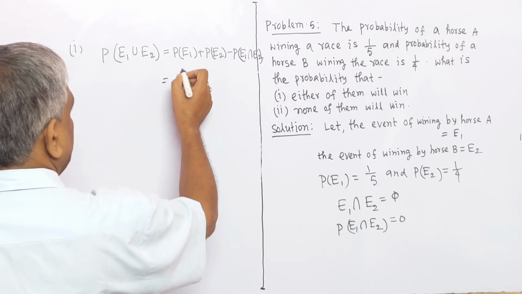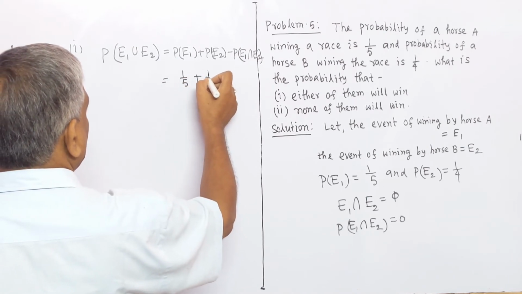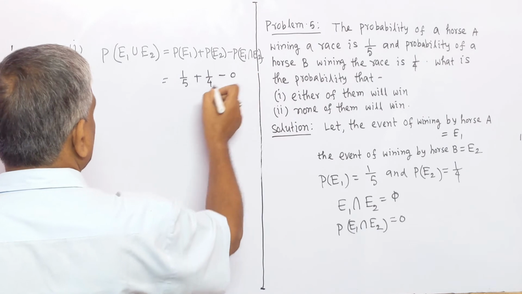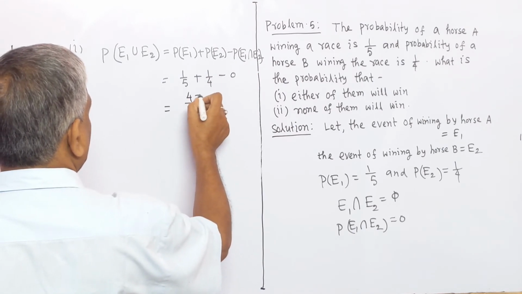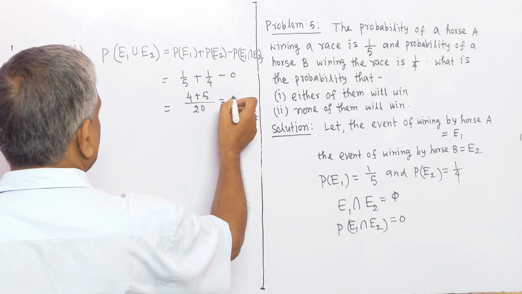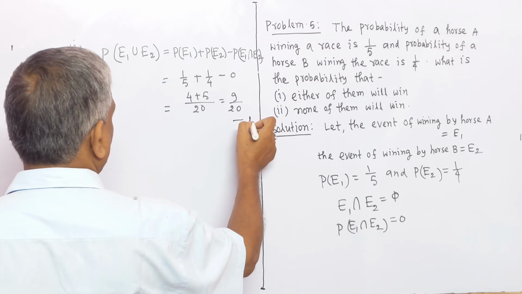This is equal to P(E1) is 1 by 5, P(E2) is 1 by 4 and this is 0. The common denominator is 20, 4 plus 5, this is 9 by 20. This is number 1.